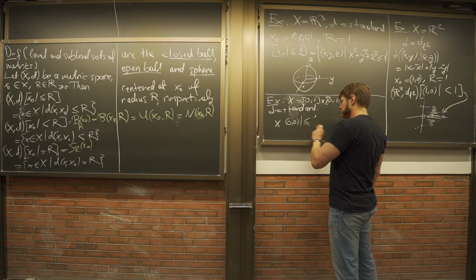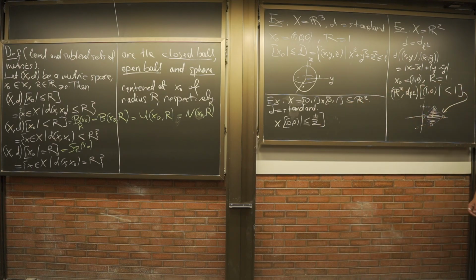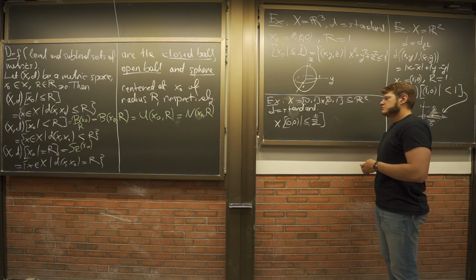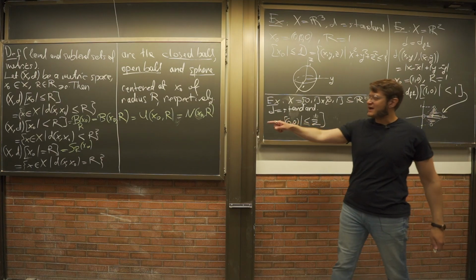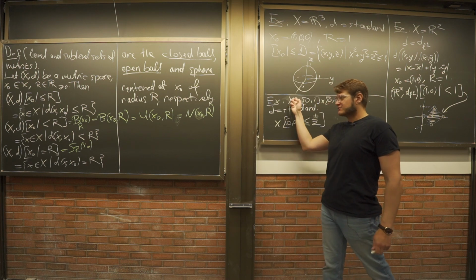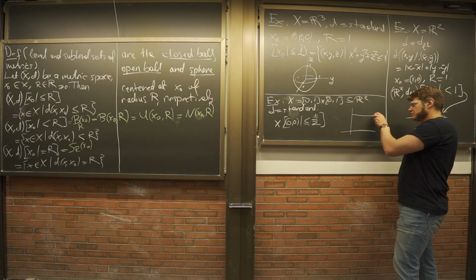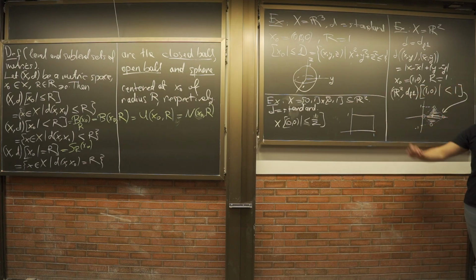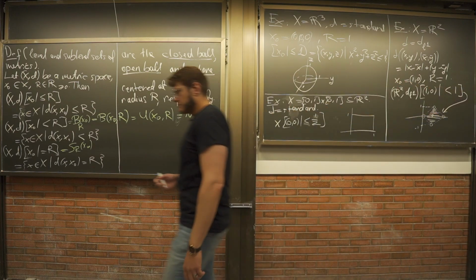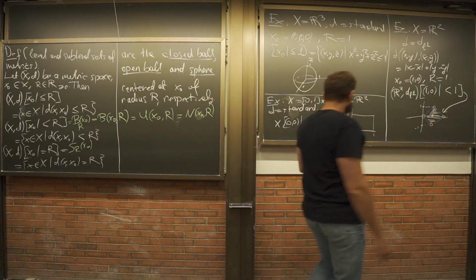Open. Let's see, open. What is this? So you see, according to the syntax, here I'm including points only in x, only in this square. So what's going to happen is this. Okay, this is my x, this whole square. The center of the ball is the origin, so the bottom left corner.